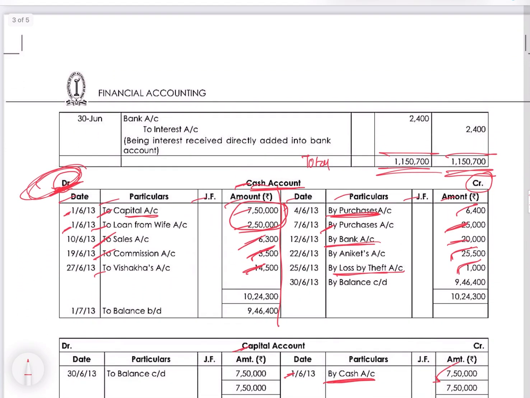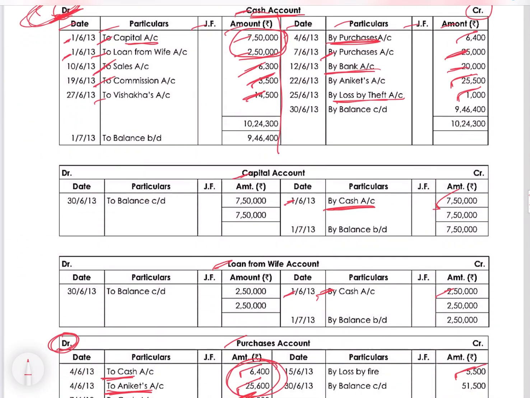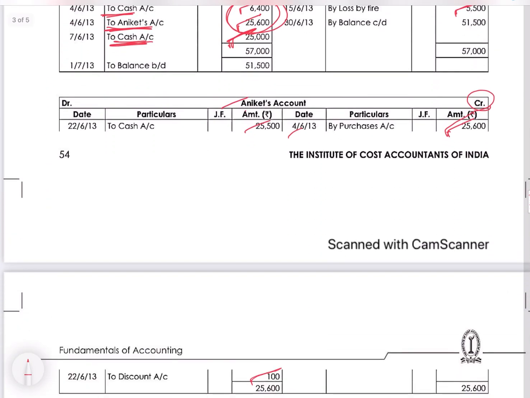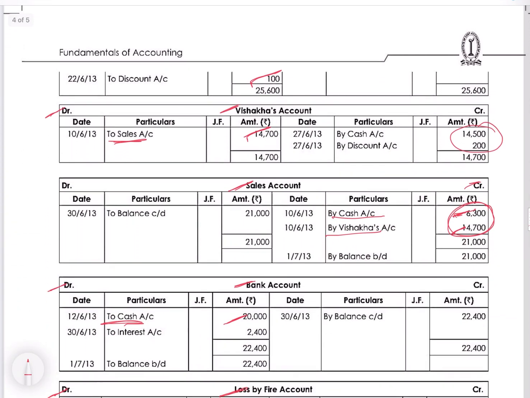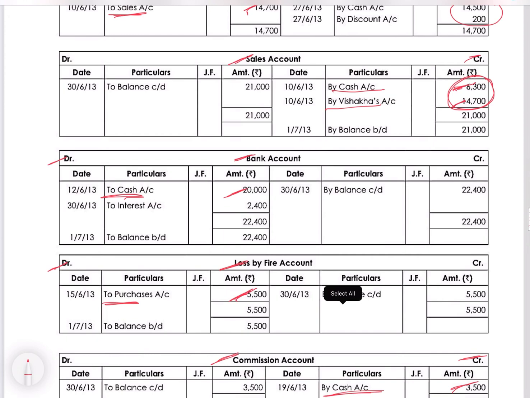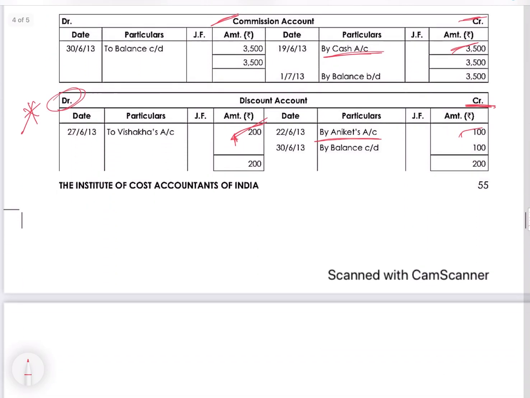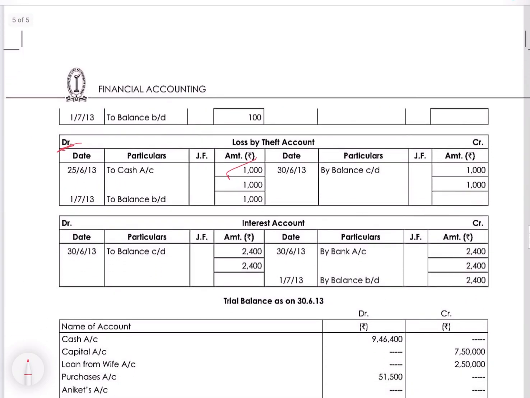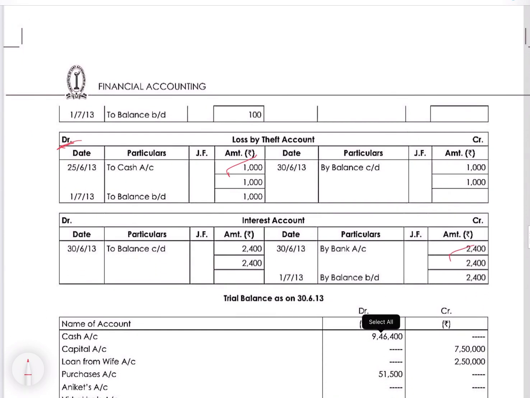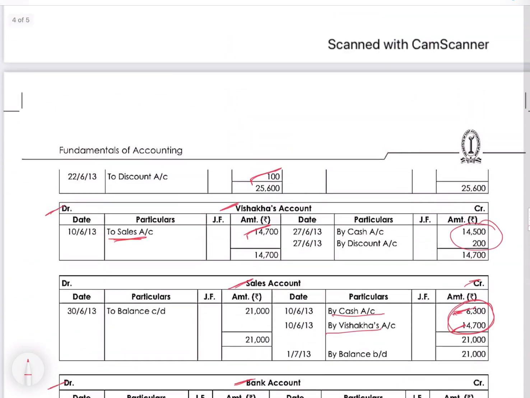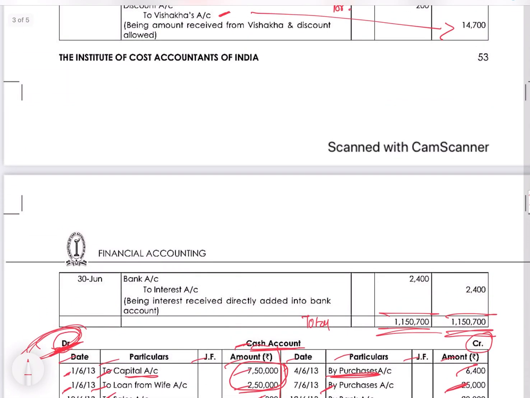Bank account to interest account 2,400. So bank account we are debiting with 2,400 and interest account we are crediting with 2,400 by bank. Understood? So can I say all journal entries I have posted?